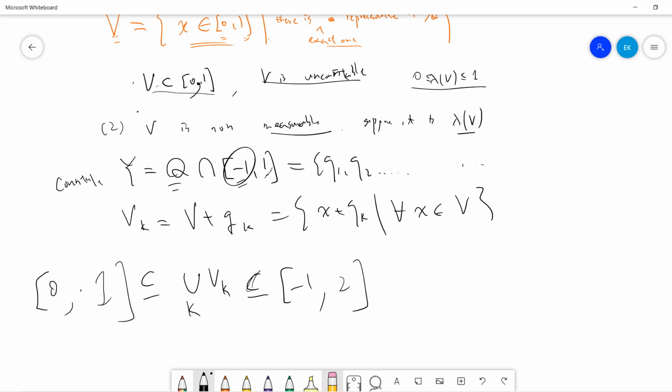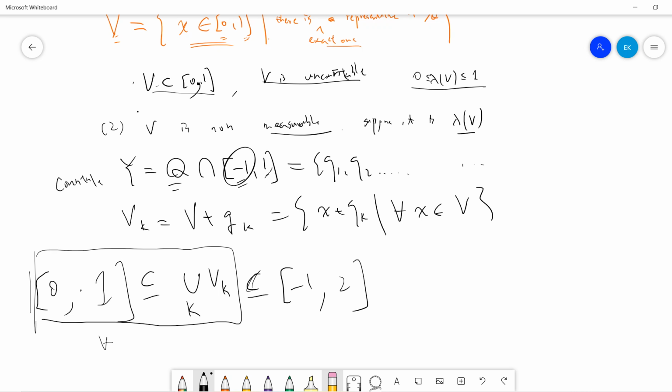Because if you choose any number in [0, 1], then you can find a qk. If I want to prove this statement, I need to show that any number in [0, 1] can find some qk such that it falls into some vk. And this is easy.